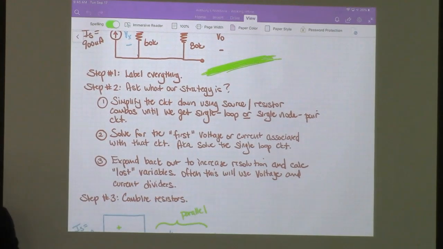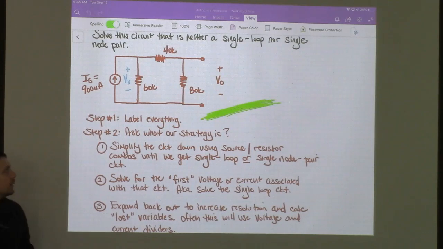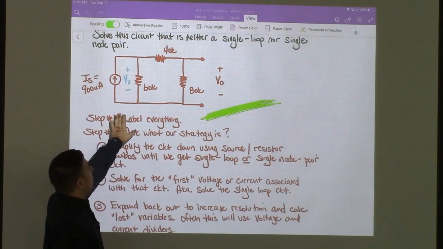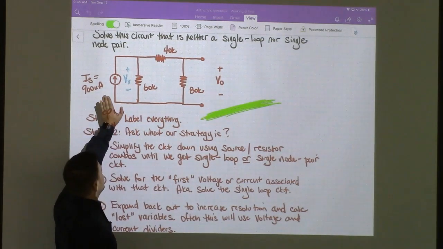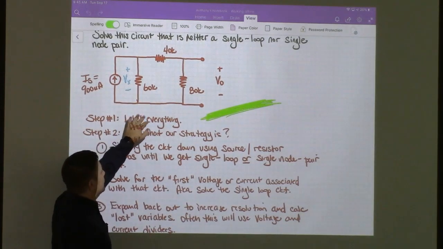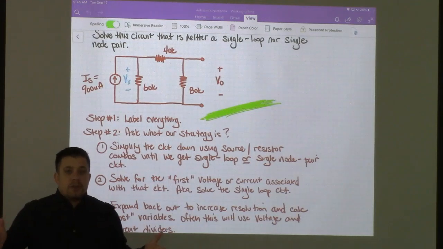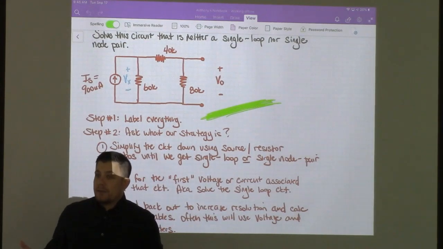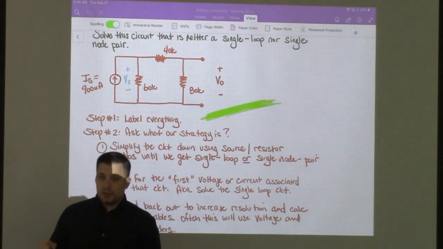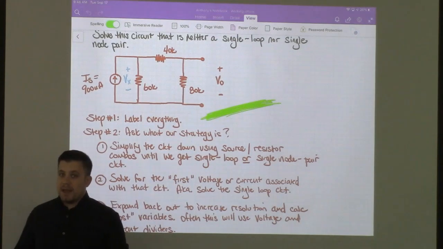That's one thing we didn't talk about here. Once we solve for the single node pair, which is going to be the source, the 60 kilo ohm resistor, and the 120 kilo ohm resistor, we can't find V out right off the bat. V out is lost. That resolution will be gone. So we have to expand back out.